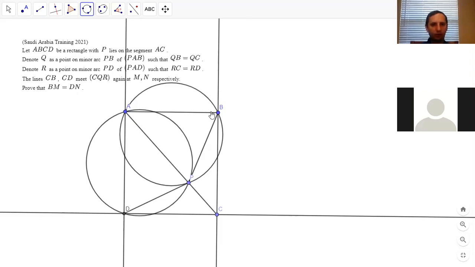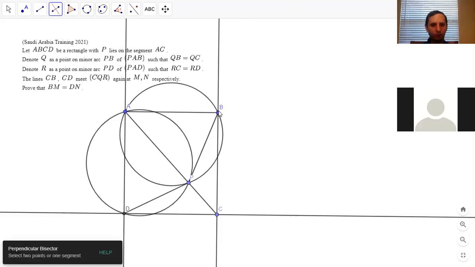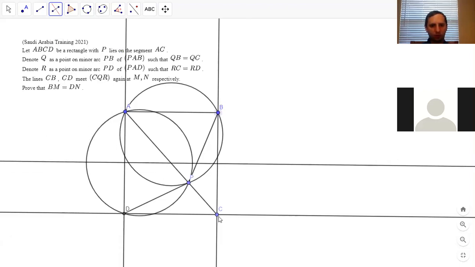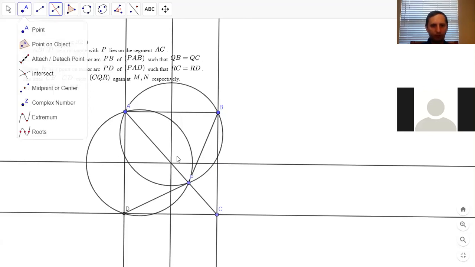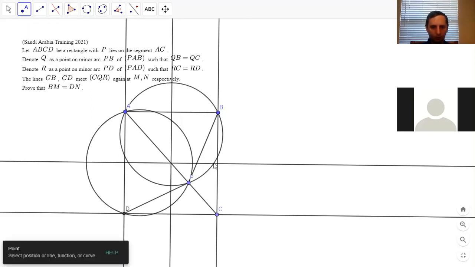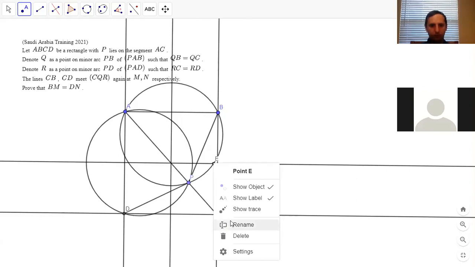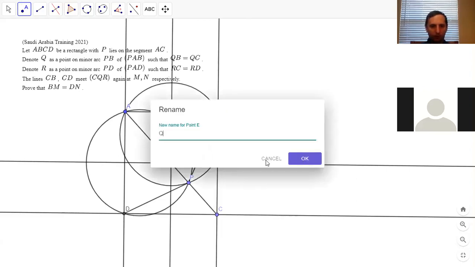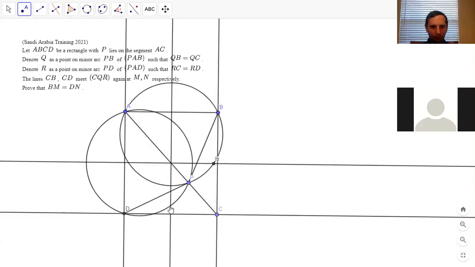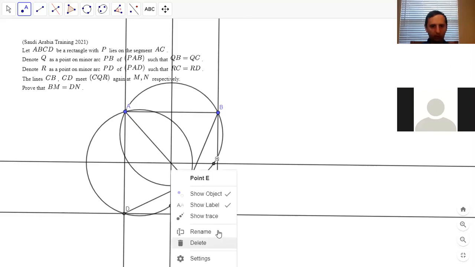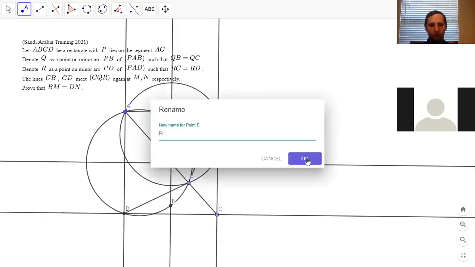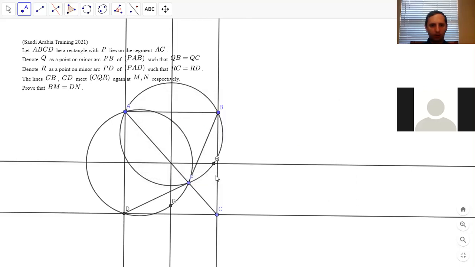That's interesting. Okay, so then I think we want to use our perpendicular bisector tool. So that would be Q right there, and then we would also have point R. Okay, so this is Q, and then this is R. I'm going to make it look better in just a second. And then CB.